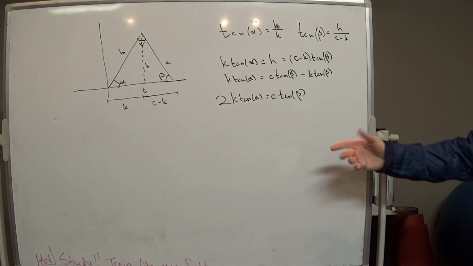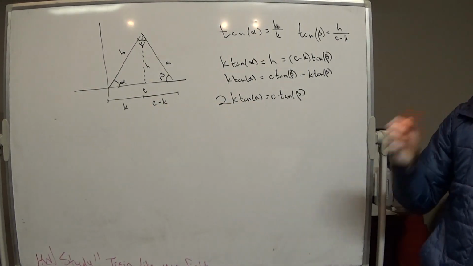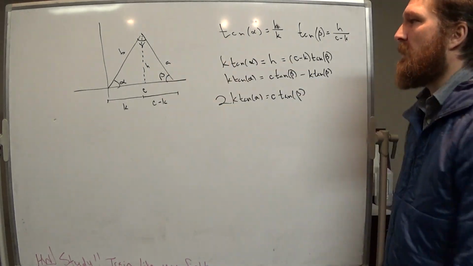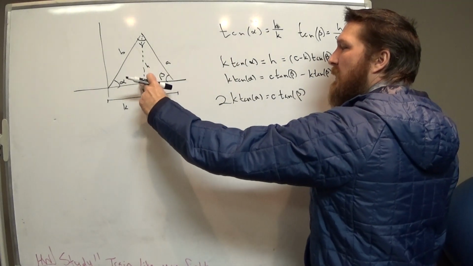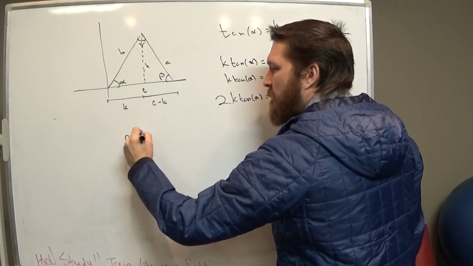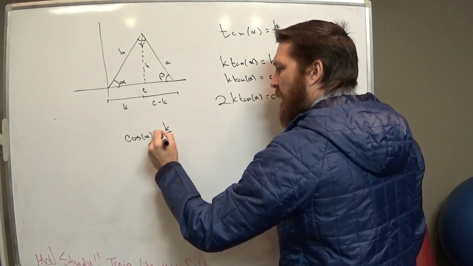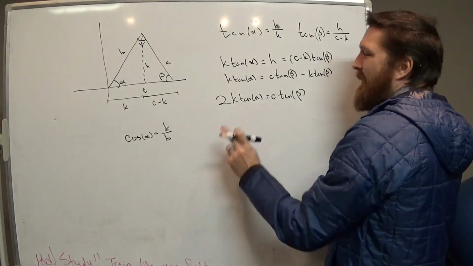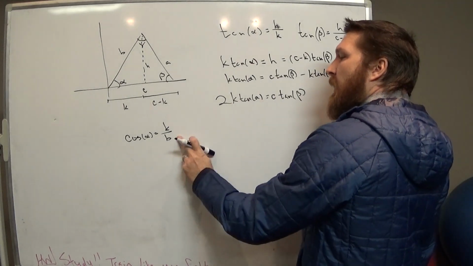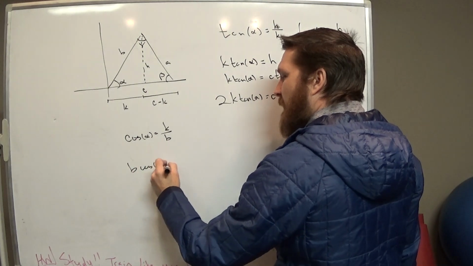But then again, we don't know what k is. So is that helpful? One thing we could do, actually, since that's b, we could say that this bit right here, if we go cosine alpha, that's equal to k over b. Actually, wait, hold up, just a second now. b comes upstairs, and we get b cosine alpha equals k.